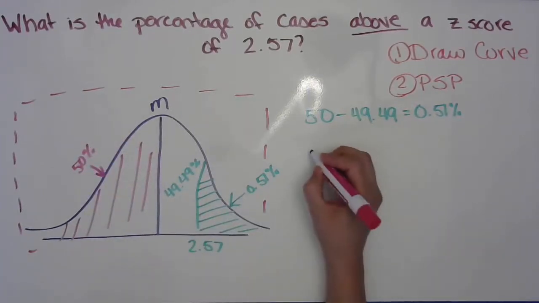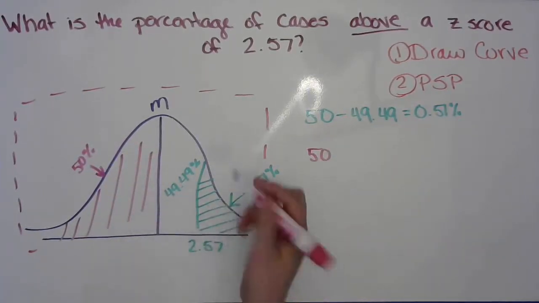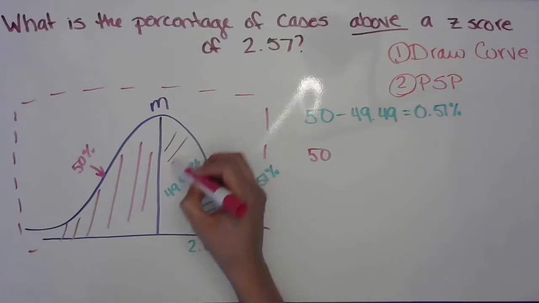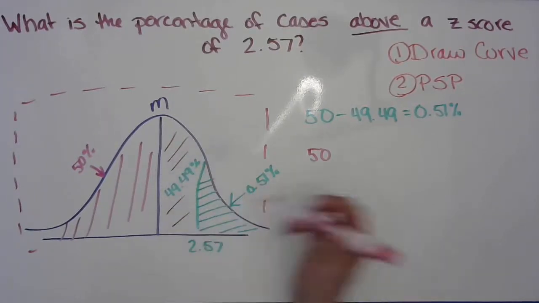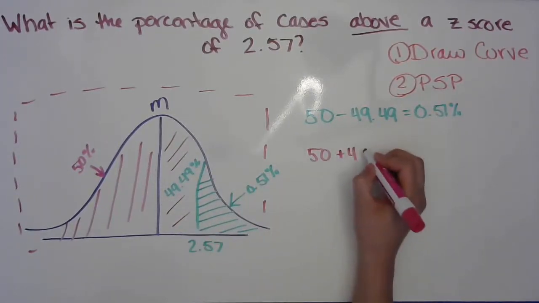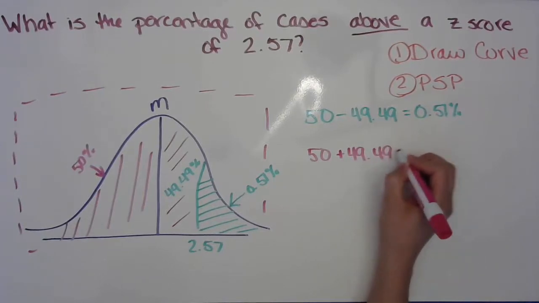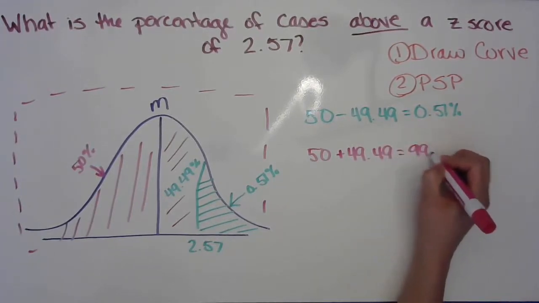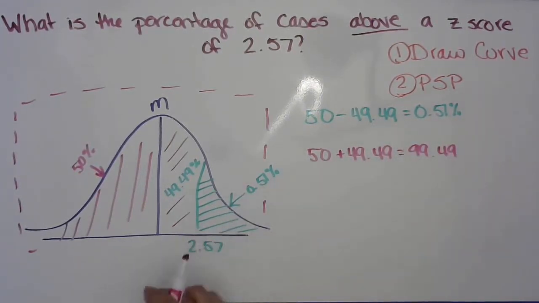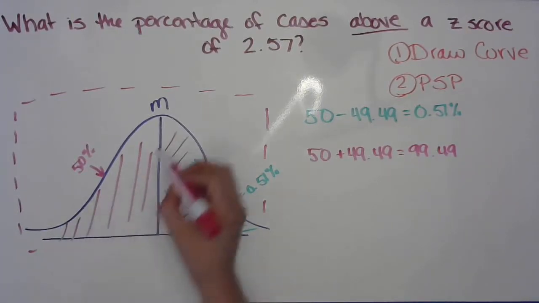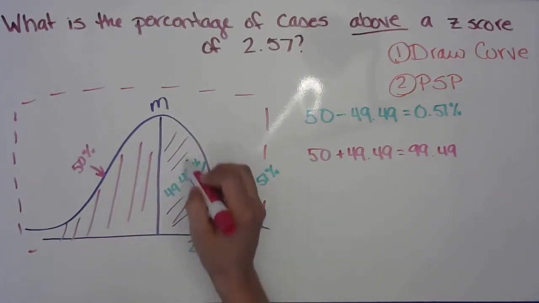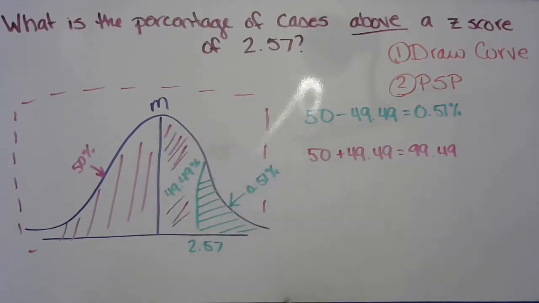Now, another way that you can do it is because this part of your curve is 50%, you can take 50% of this part of the curve, add this part as well. So we've got 49.49. That's going to give us 99.49. Okay, so that's this entire area here. All of the pink area is going to be that 99.49.